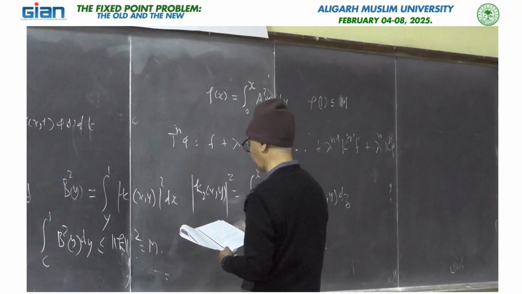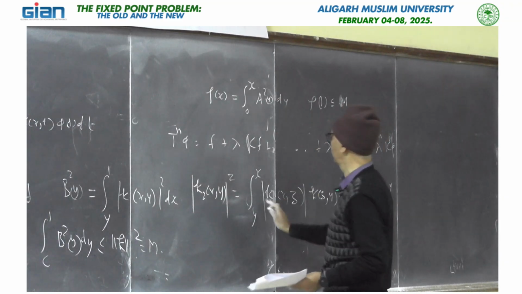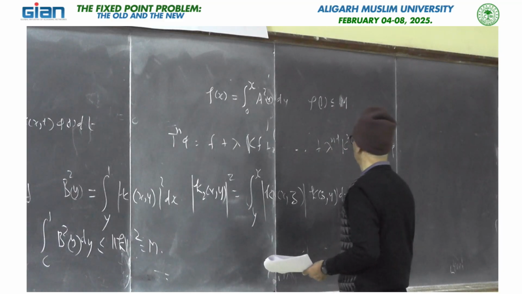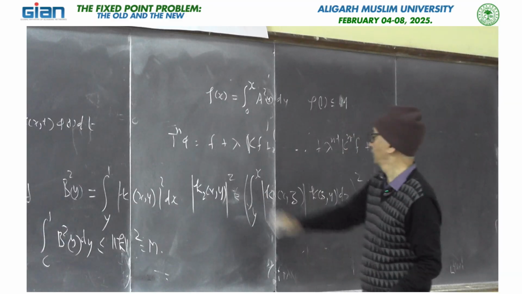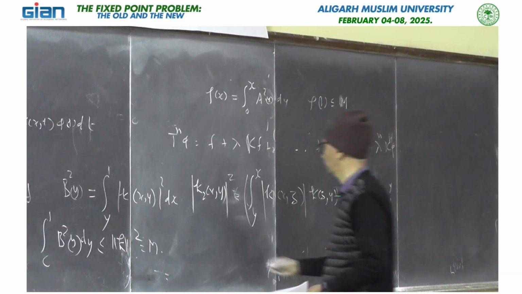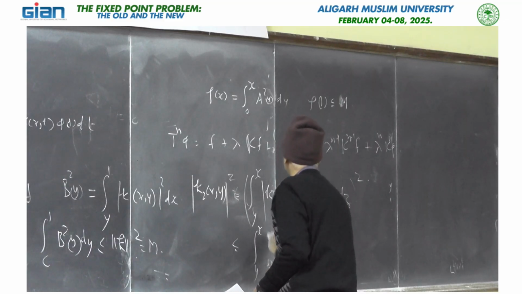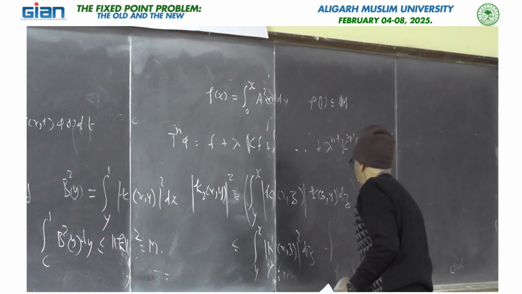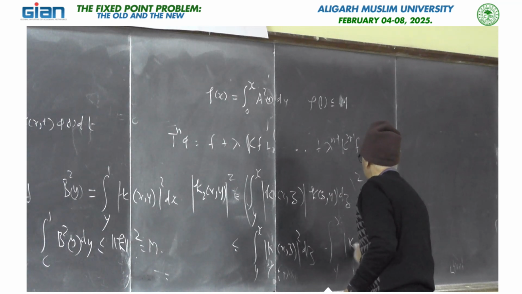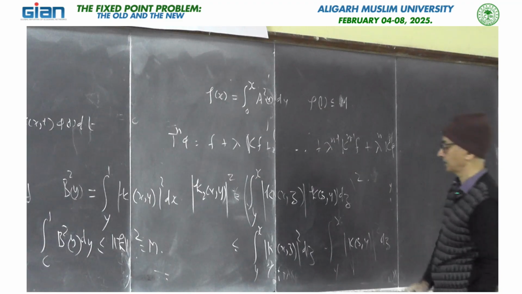So you take the mod of this squared, and applying the Cauchy-Schwarz it is less than or equal to the integral from y to x of mod k(x,z) squared dz, times the integral from y to x of mod k(z,y) squared dz.